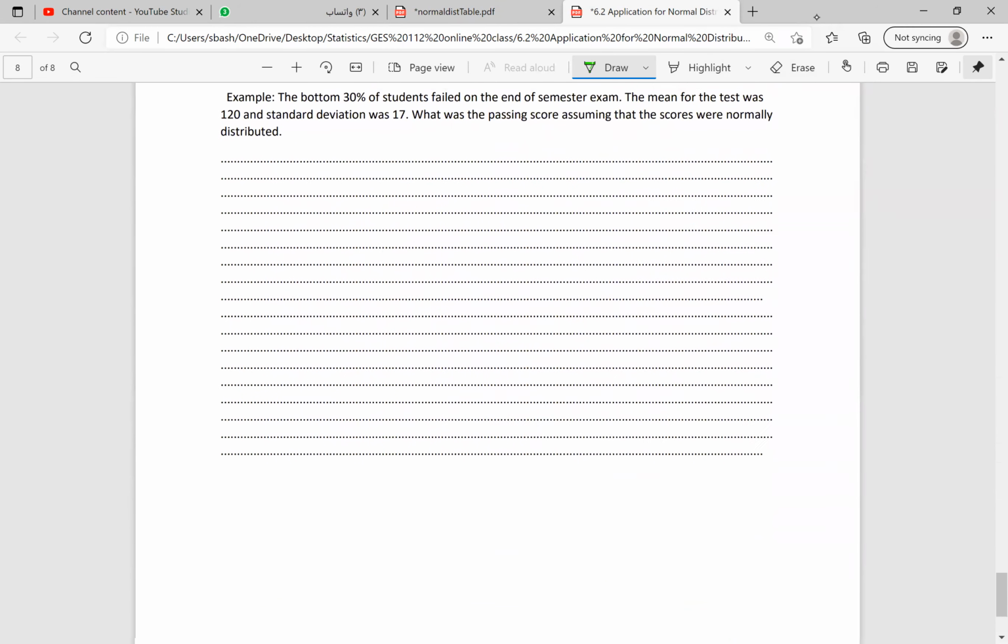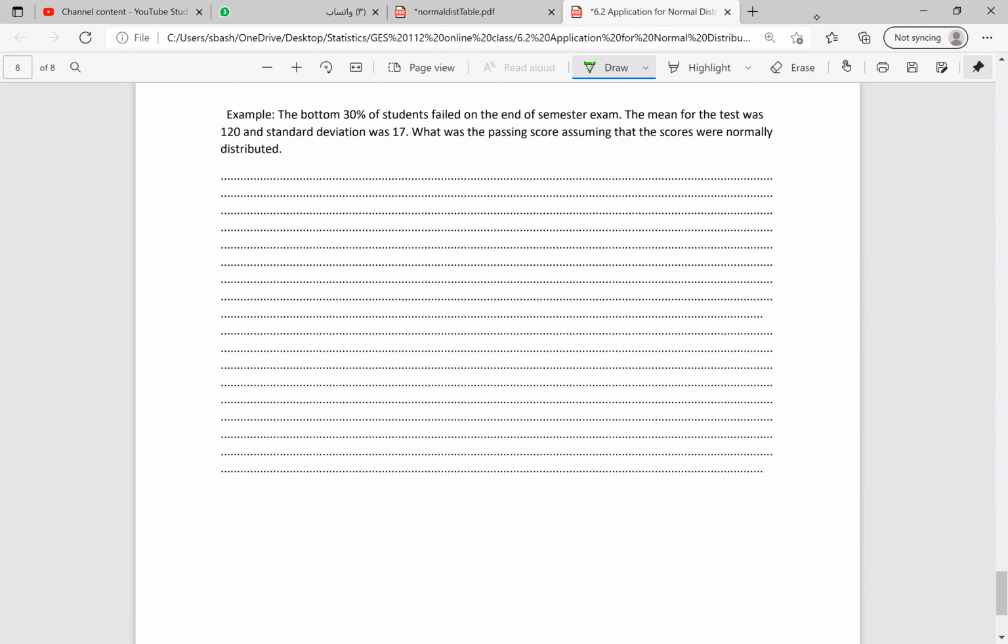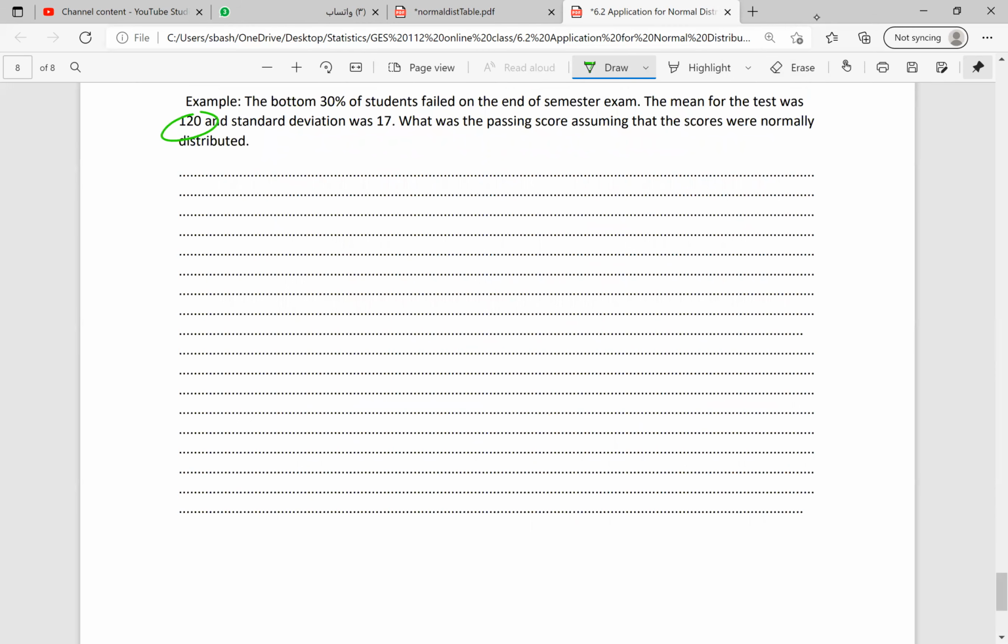In the next example, the bottom 30% of a student failed on the end of semester exam. The mean for the test was 120. This is the mean we have. Let's write this.